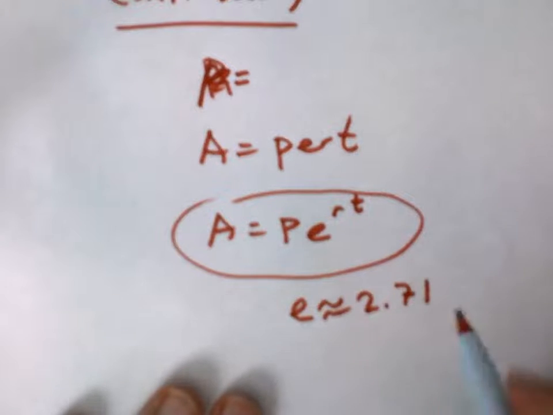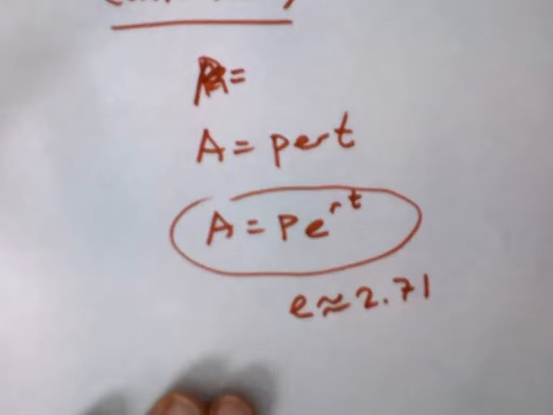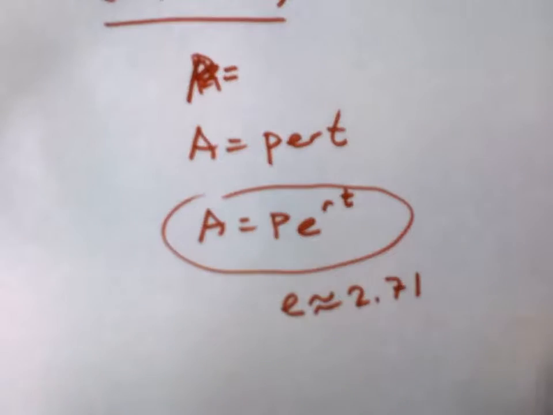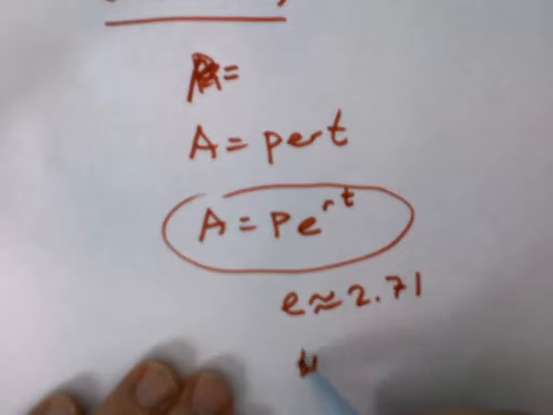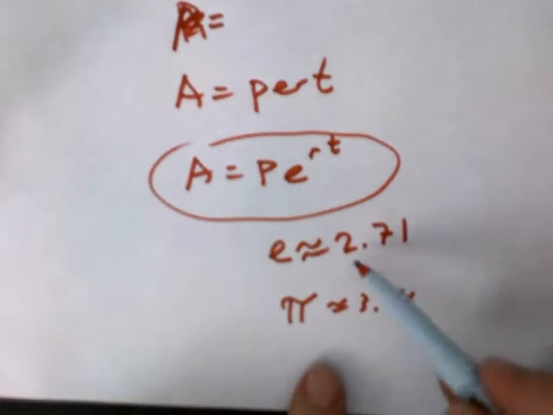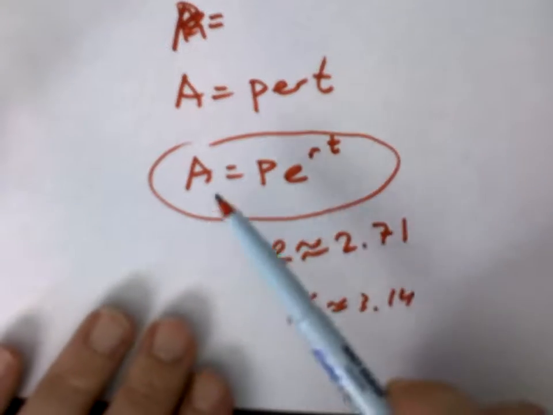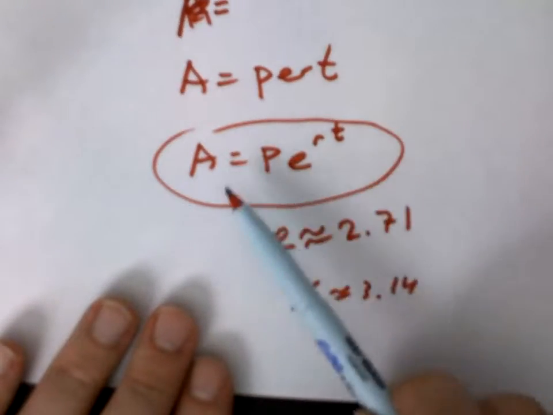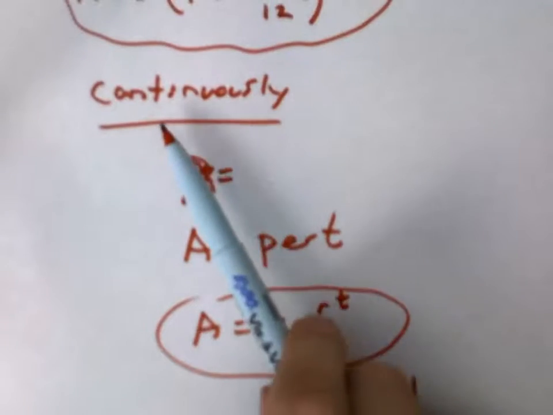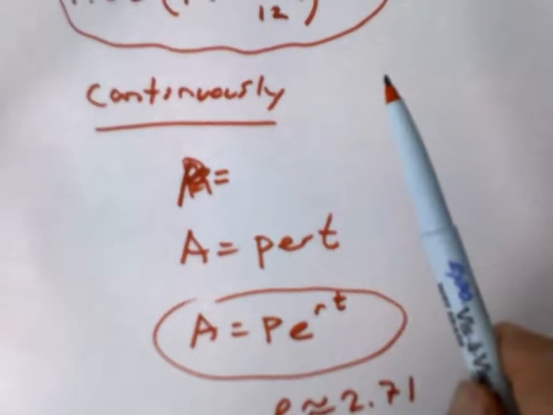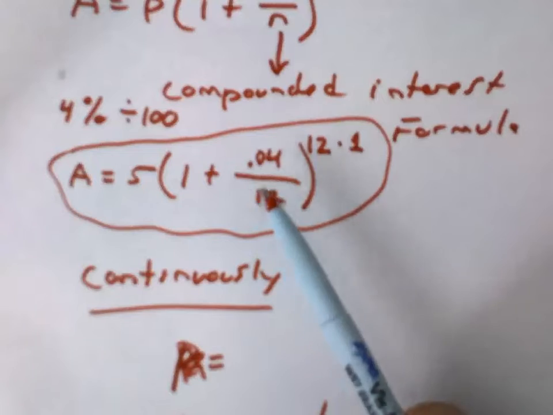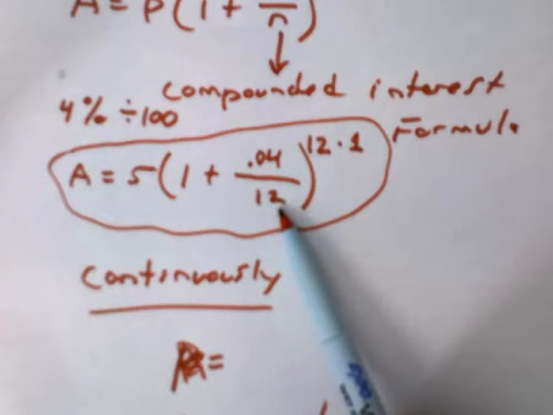It's just another base that businesses use. It's kind of like pi. Pi, remember, is 3.14. It's another way of expressing an irrational number, and we can go through that later. This is a different kind of formula, for if it was continuously compounding and not just compounded with limited opportunity.